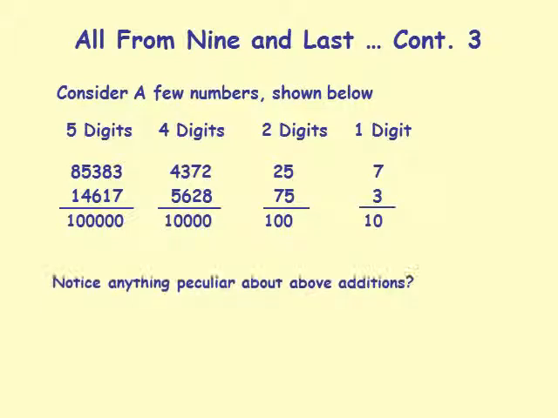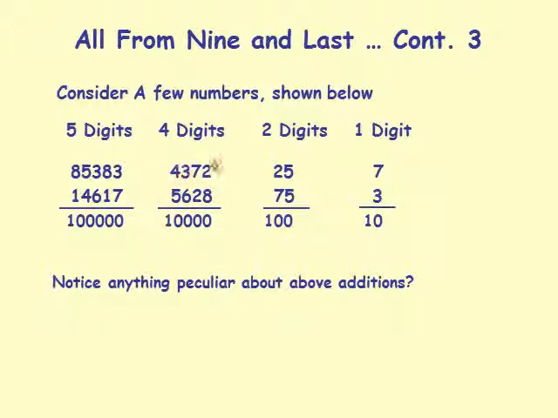Let's continue here. Notice anything peculiar about these additions? When I add these two numbers together, I get a 1 followed by zeros, and the same for each of the other pairs. When the second number is the ten's complement of the first number, then adding them should give 1 followed by zeros.